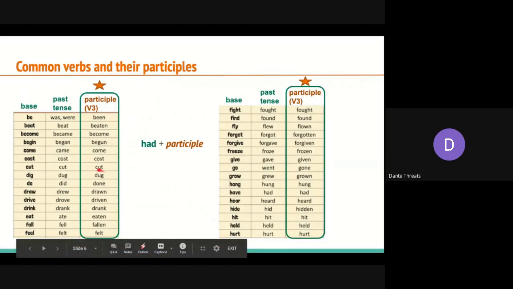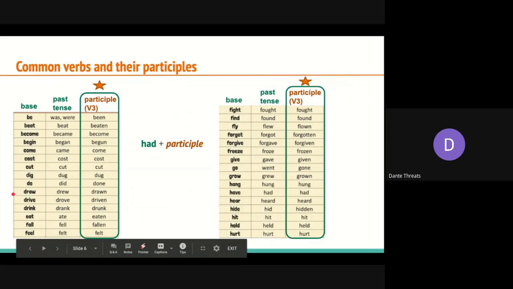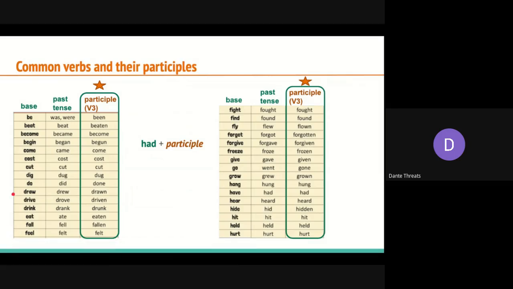Here's a chart of the most common verbs and their participles. If you look here, you will see this is the base verb column. You all know these base verbs: be, beat, become, begin, come, cost, cut, dig, do, draw, drive, drink, eat, fall, and feel.